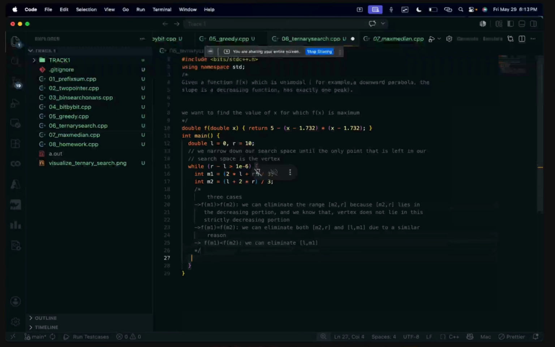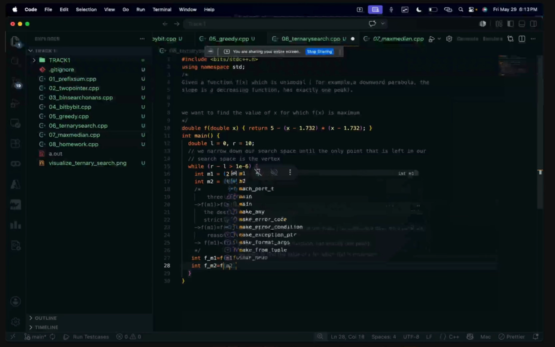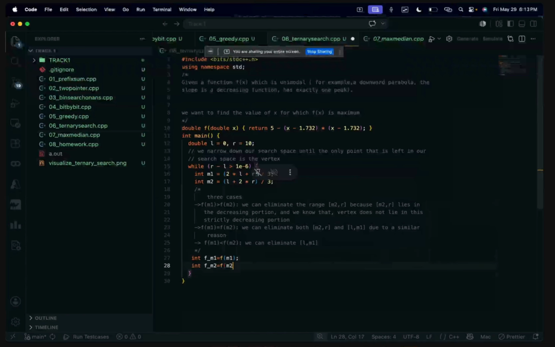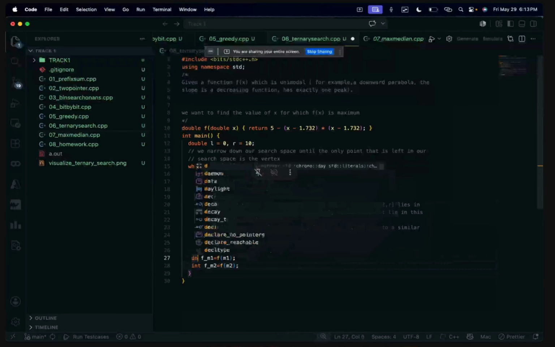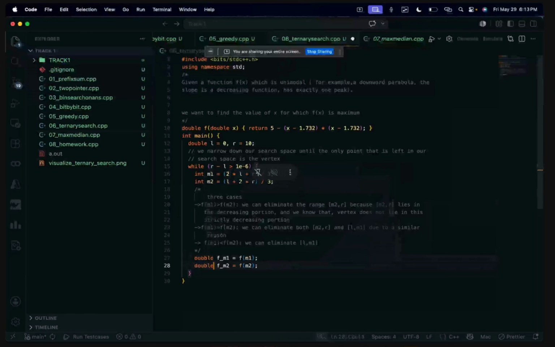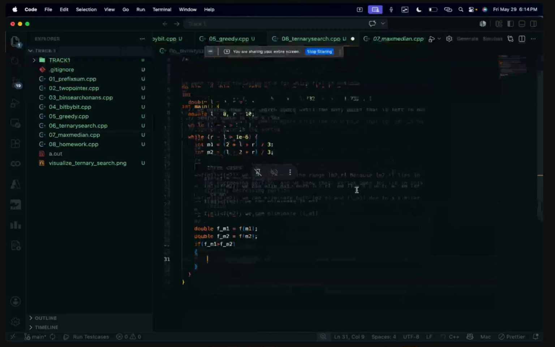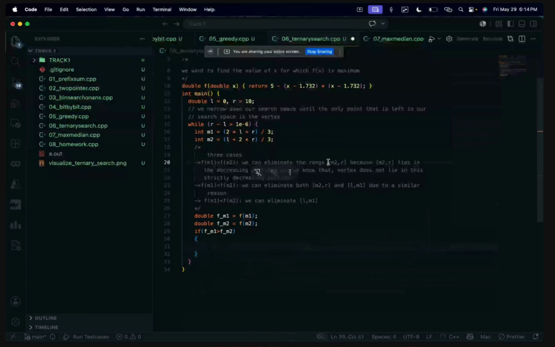So to implement this, we can do int fm1 would be f of m1 and int fm2 would be f of m2. And for the first case, we have if fm1 is greater than fm2, then we want to eliminate the search space m2 to r. The way we can do that is we can just set r equal to m2.